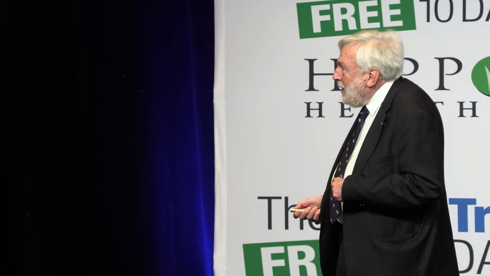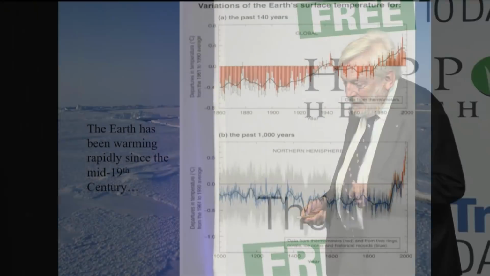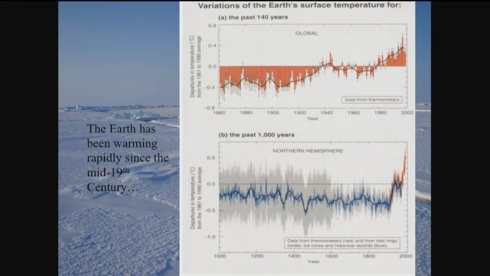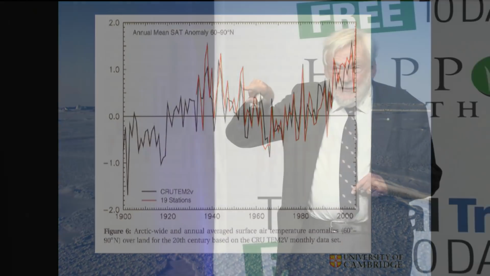But that's the world as a whole. When you look at the Arctic, and this is just since 1900, and compare it with that previous curve, which showed that the planet really warmed up rapidly, stopped warming, and then took off again.